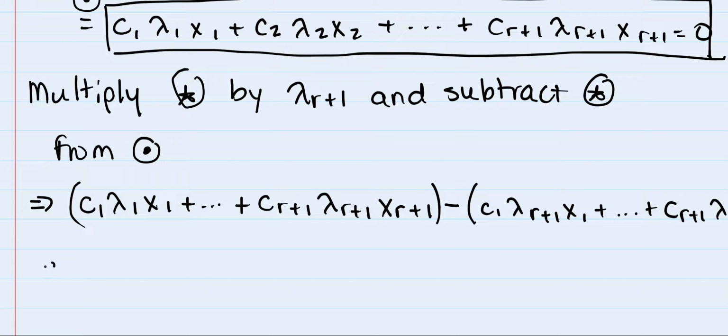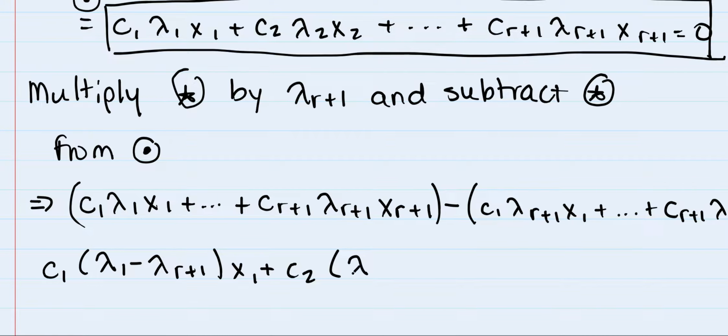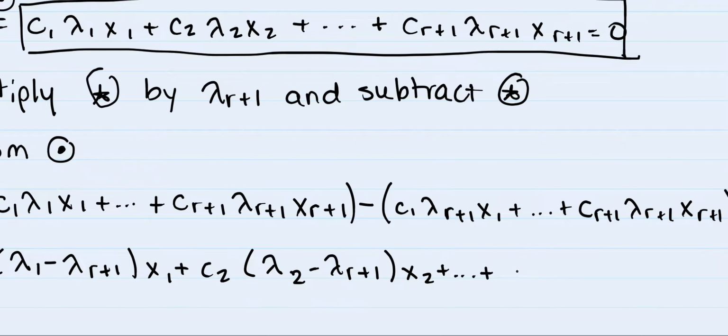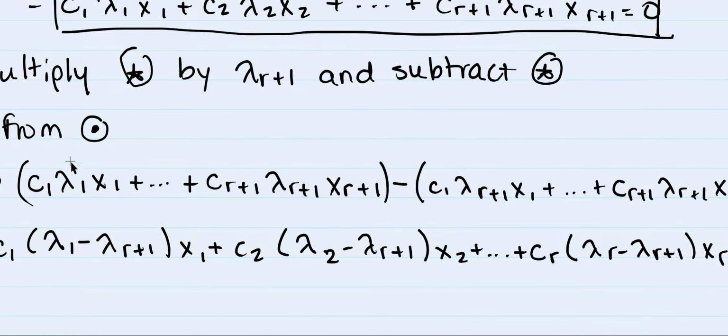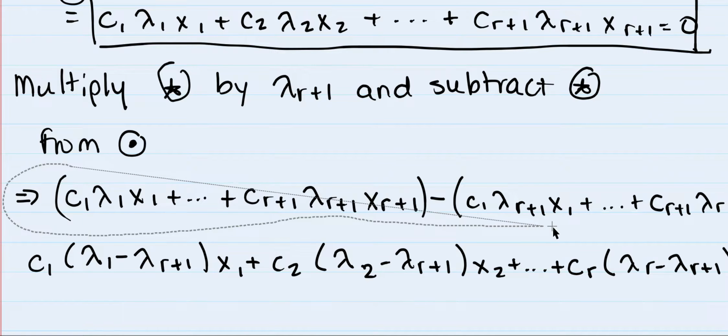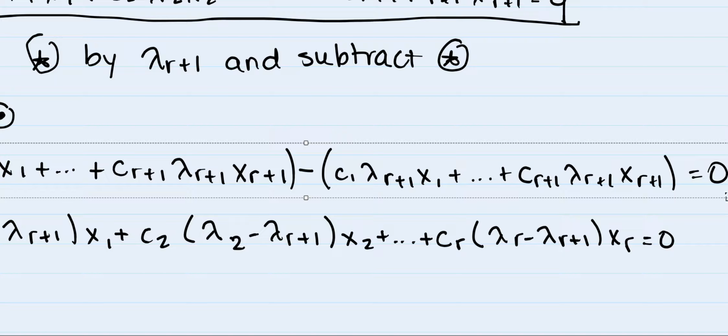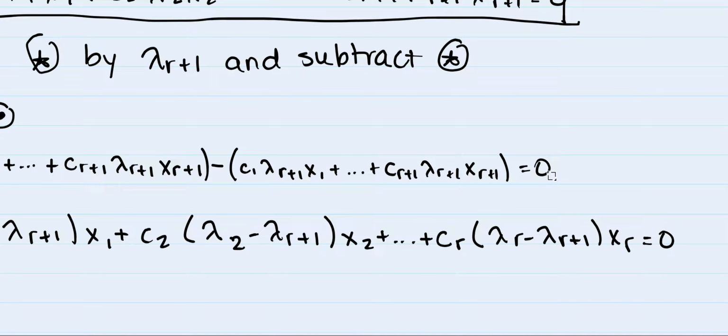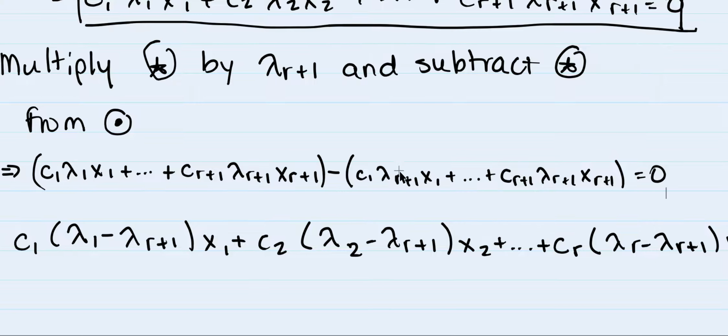If you do this, you'll get c1 times lambda 1 minus lambda r plus 1 x1 plus c2 times lambda 2 minus lambda r plus 1 x2, all the way to cr times lambda r minus lambda r plus 1 xr. That is equal to 0. Let me make this a little bit smaller so we can see it in the video here all at once.